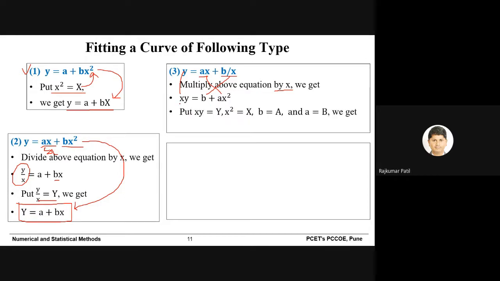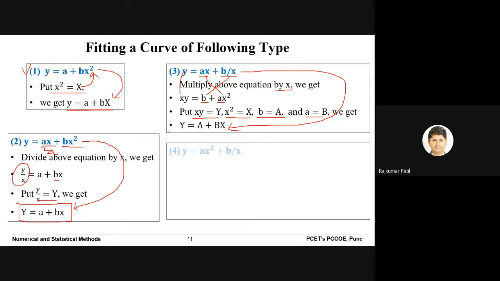Then you can put xy is equal to capital Y, x square is equal to capital X, b equal to capital A, and a equal to capital B. So when you put those values into this equation, it becomes Y is equal to A plus BX. So you can see here, this is the simplified version of that equation.